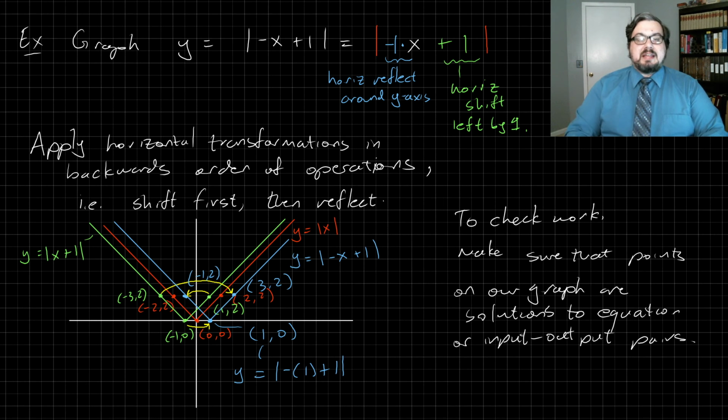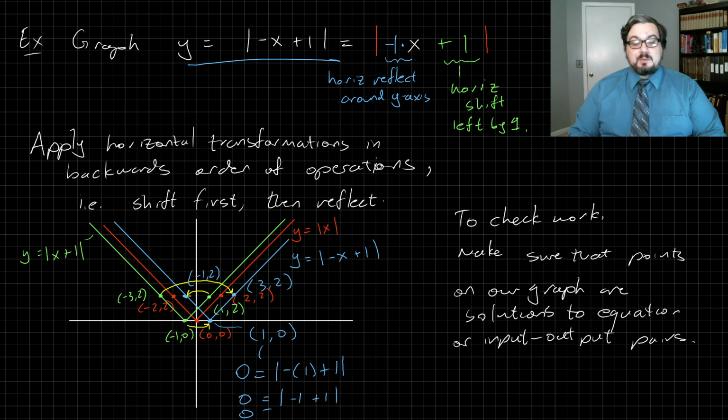What we're doing is we're taking the original equation that we were trying to graph, and seeing does it give us true statements when we plug the points in the graph into them. In this case, the answer is yes, because 0 is in fact equal to the absolute value of -1 plus 1, because the absolute value of -1 plus 1 is 0.